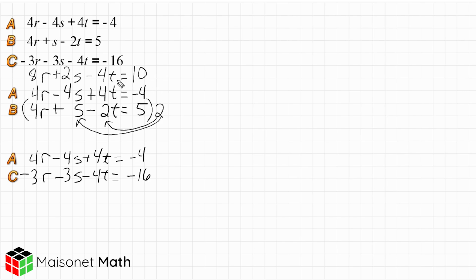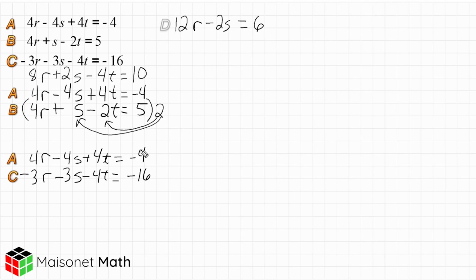Notice that the t terms are going to be eliminated because they have a sum of 0. So let us go ahead and combine these r terms. We have 8r and 4r, and altogether that gives us 12r. Then we combine 2s and -4s, which is -2s, and these t's cancel out. So let's combine these constants: 10 minus 4 gives us 6.